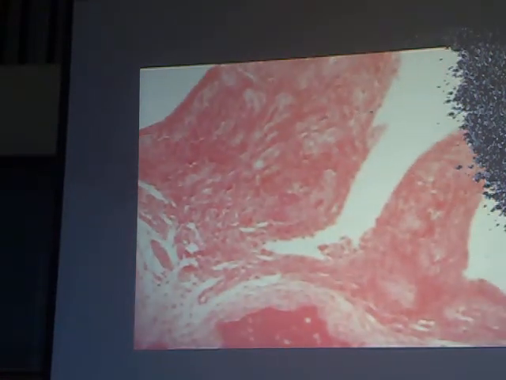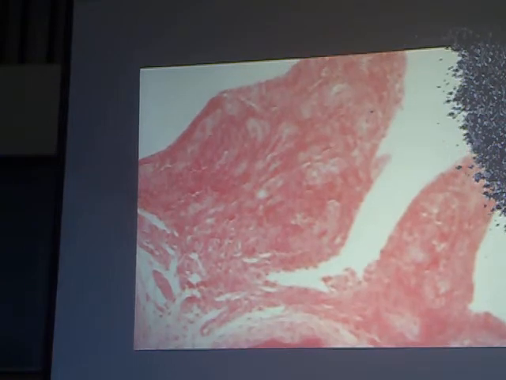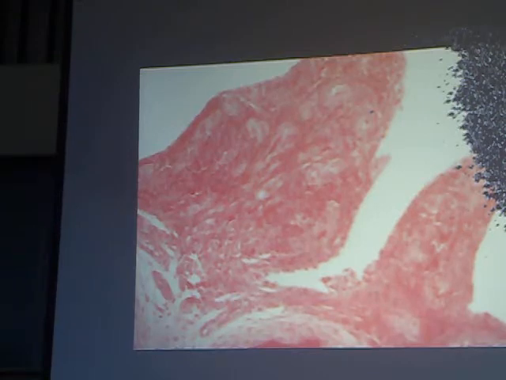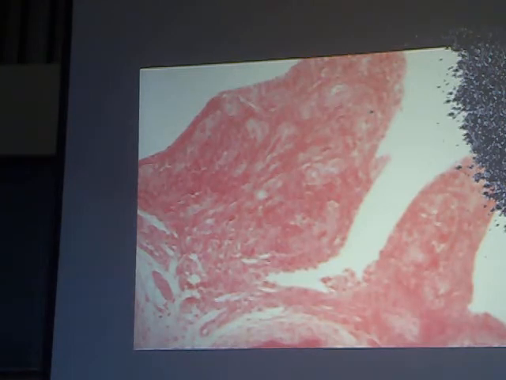Now, the abnormality that you should be able to identify for this slide will be seen primarily in the synovial membrane. So remember that a synovial joint will have a joint capsule, which is composed of hyaline cartilage. And then within that joint capsule is a space which is called the synovial space.